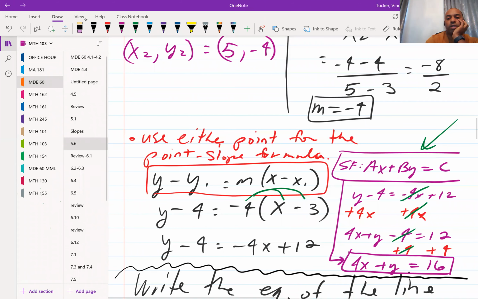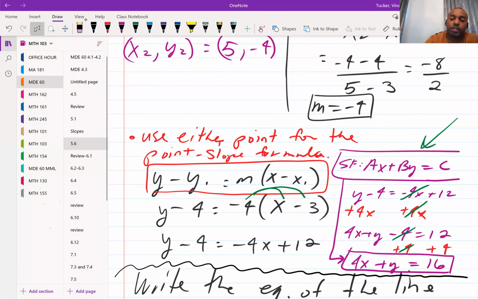And let's see, did I go to the next part? No. So this one asks for standard form. Standard form is ax plus by equal to c. So you take your x term and y term, put them on one side, and take the term that doesn't have a variable and leave it on the other side. Notice what I did right here.